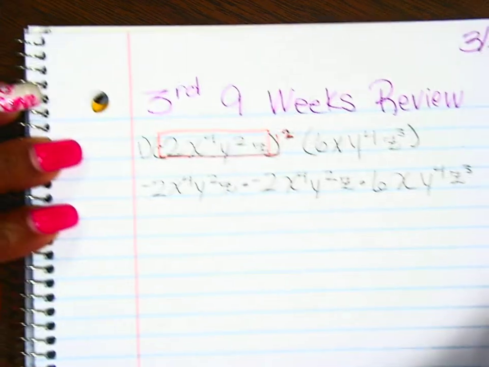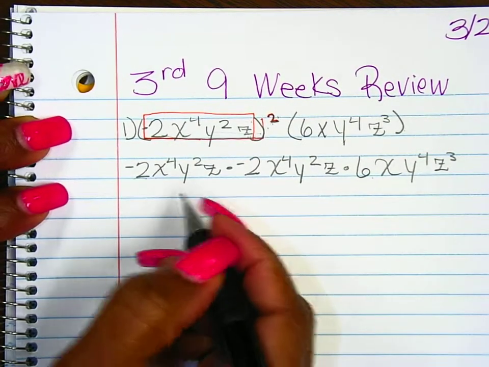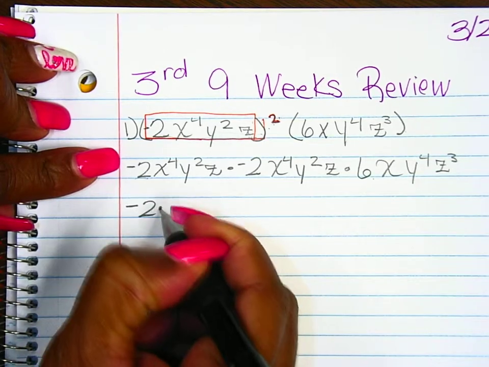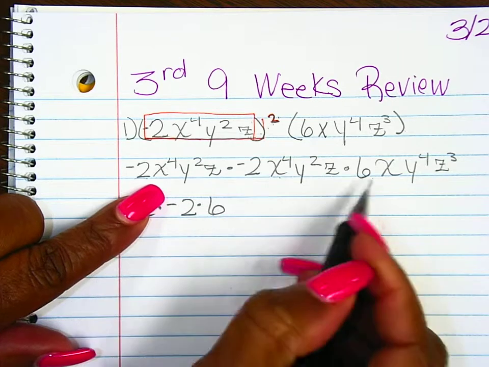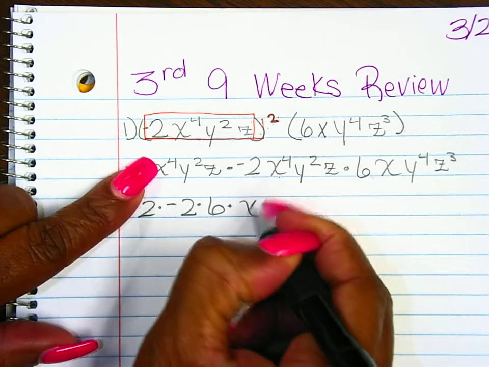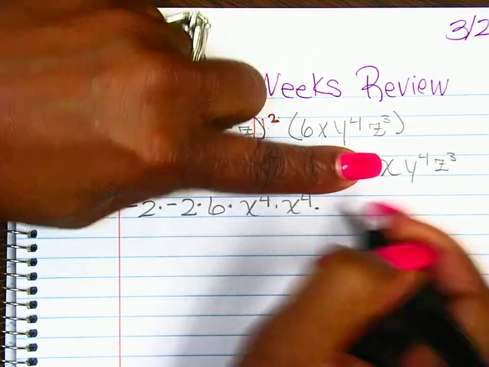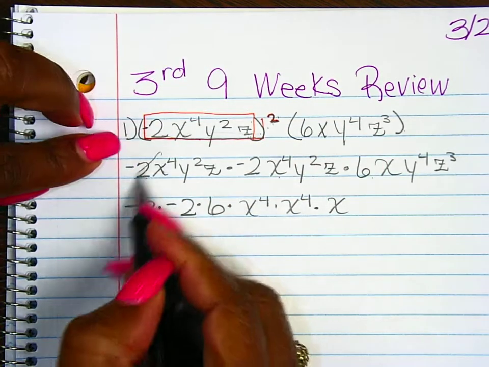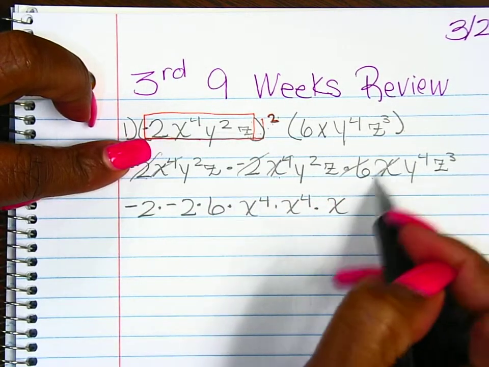Okay, my next step is to take the coefficients and write them beside each other, because they're all integers. Negative 2 times negative 2 times 6. All base x, I'm going to write them beside each other. So I have x to the 4th times x to the 4th times x to the first power. Okay? So I've taken care of the negative 2, the 6, the x, the x, the x.